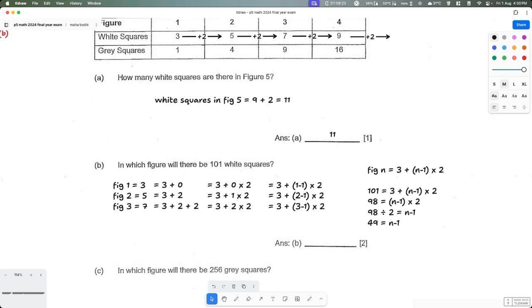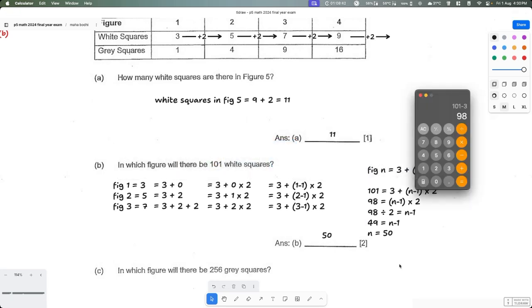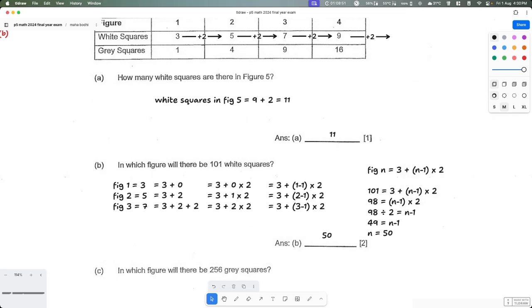So n will be equal to 50. There you go. So the answer to this is 50, right? If I were to double check, using my calculator, we have 50 minus 1, which is 49. We multiply by 2 equal to 98 plus 3, which is 101. So the answer is 50.